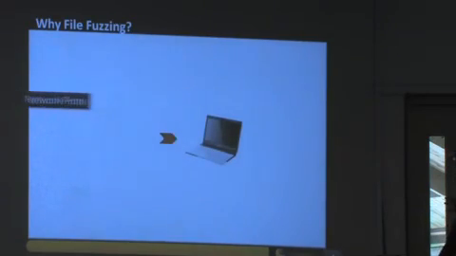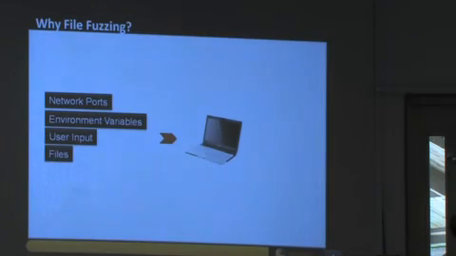Now, why file fuzzing, and what does a tool for file fuzzing mean? Essentially, any application which runs on a computer has various sorts of ways in which it can take input. Network ports, environment variables, user inputs, and files are the major sources of input for any of the applications that we deal with. The application processes it and generates the output.